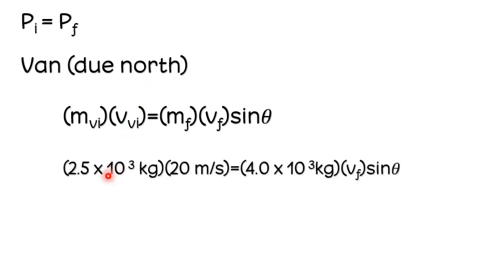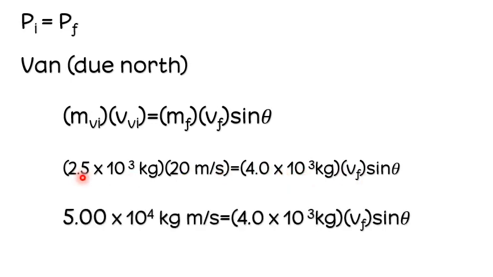Substituting the given initial mass of the van, initial velocity of the van, their combined final mass, the unknown. Multiplying 2.5 times 10 to the third power and 20 will give us 5.00 times 10 to the fourth power kilogram meter per second. The right hand of the equation stays the same. This is our equation number 2.